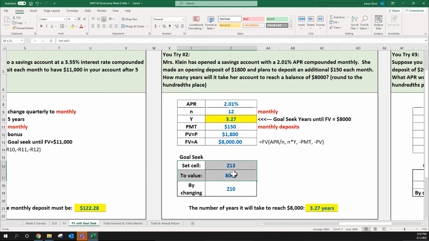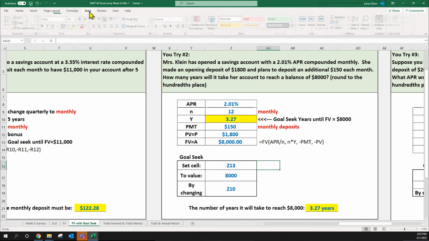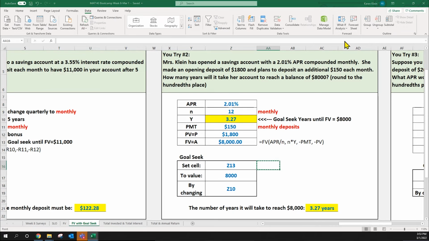All right, so this is when I'm going to be putting in my goal seek. So that first cell, when I do Data, What-If Analysis, Goal Seek, these values here should match what I have here. So the first input, the set cell, should be the FV. So that's going to be Z13. Or if you want, you can just highlight Z13. The to value is what we want the FV to be equal to. The FV should be equal to 8,000.